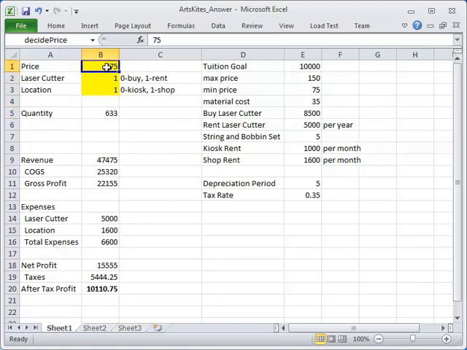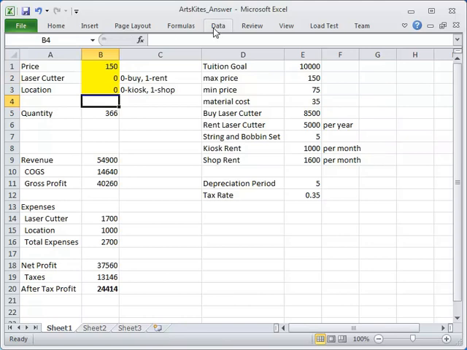If, however, he charges considerably more for his kites, maybe even $150, and instead of renting the laser cutter, he buys the laser cutter, and instead of renting the shop, he rents the kiosk, you can play with it and you can see how the numbers change, and you can find the best solution given the decisions. Alternatively, you can use something called Solver and ask Solver to make the decisions for you.